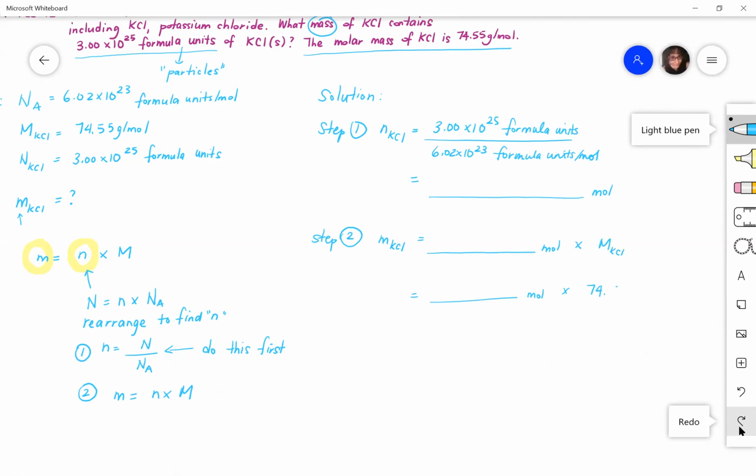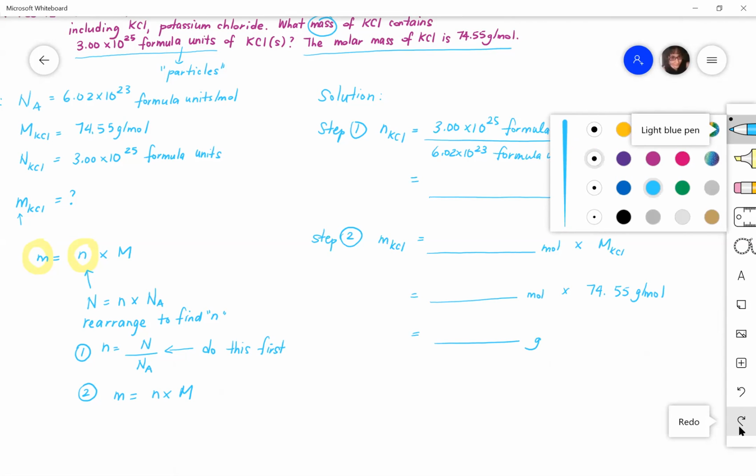It's 74.55 grams per mole. And you will get an answer when the moles cancel out in grams. So if we solve accordingly, let's see what we get.